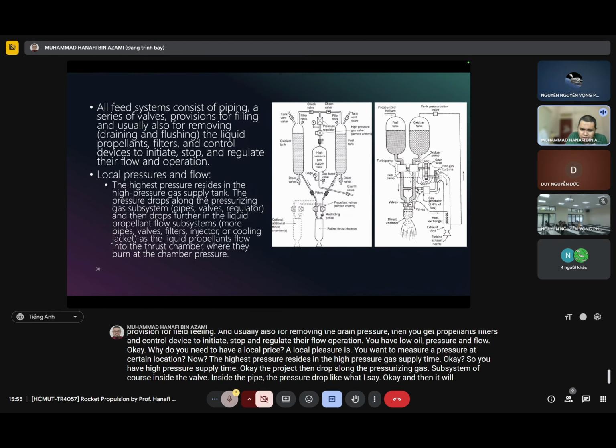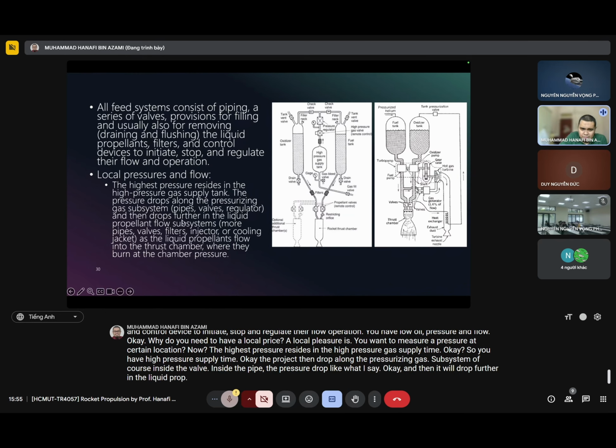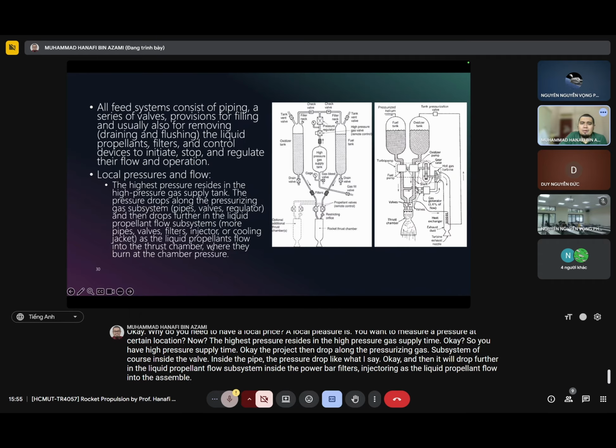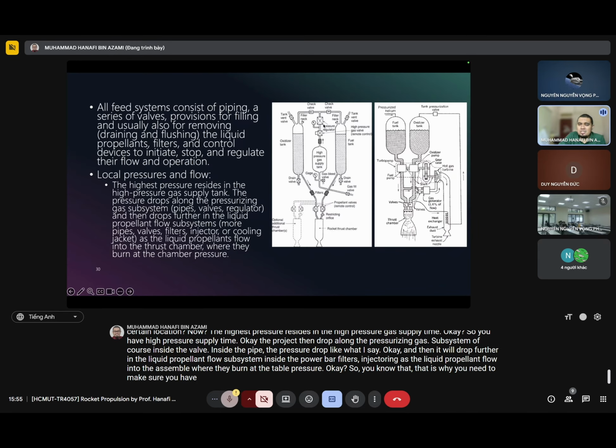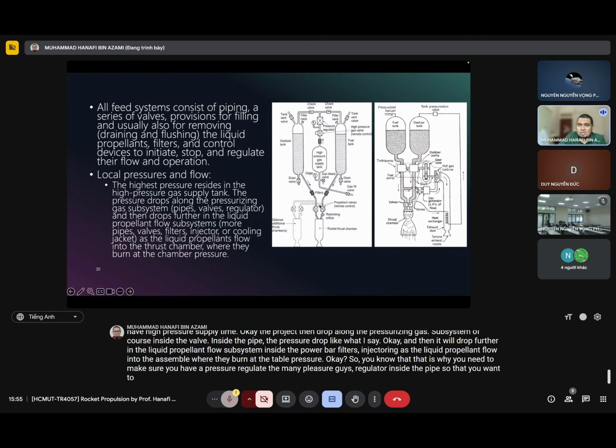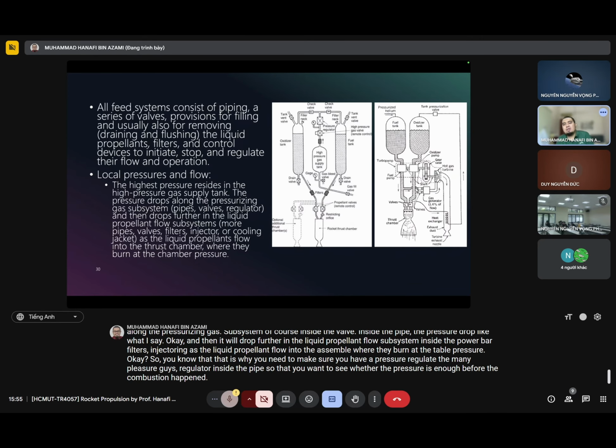It drops further in the liquid propellant flow subsystem inside the pipe, valve, filters, injector, or cooling, as the liquid propellant flows into the thrust chamber where they burn at the chamber pressure. That is why you need to make sure you have many pressure regulators inside the pipe, so that you can see whether the pressure is enough before the combustion happens.